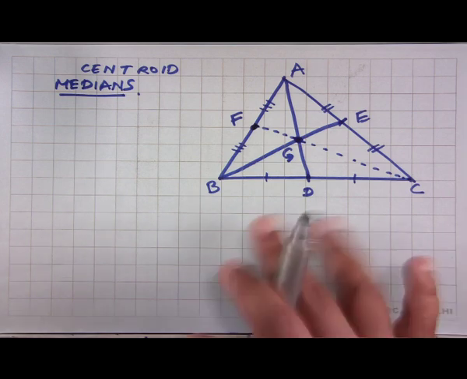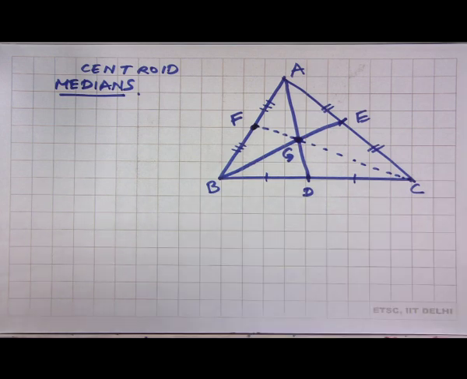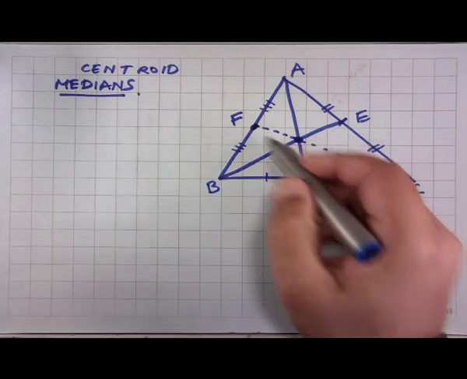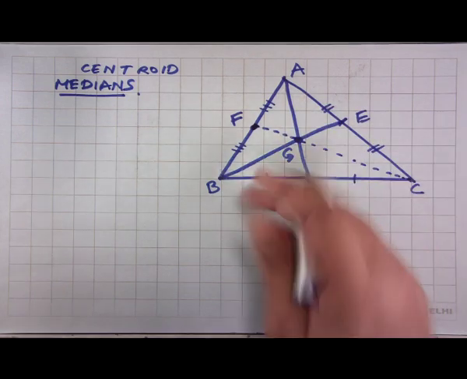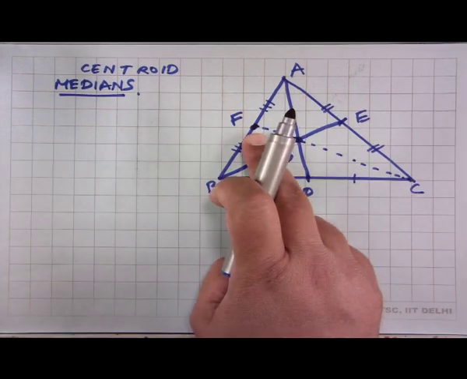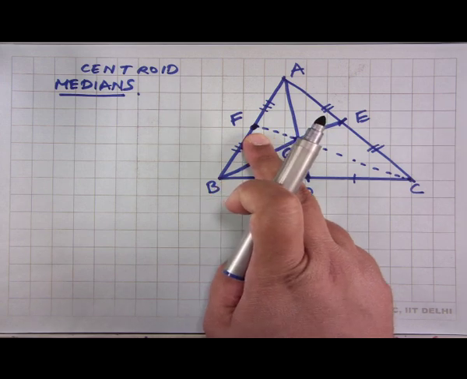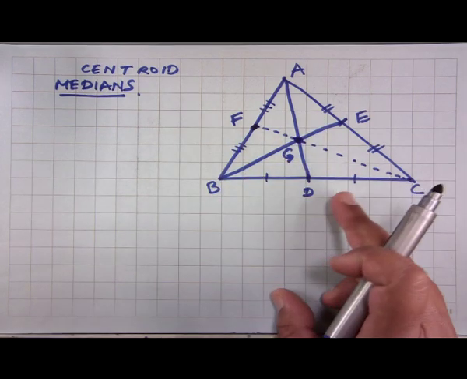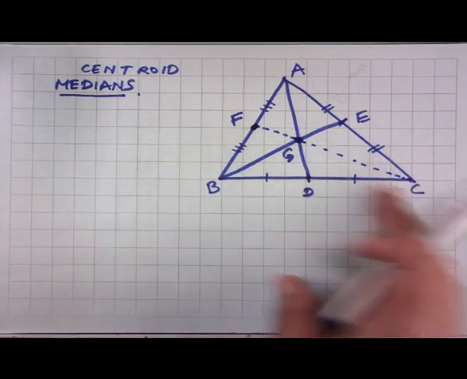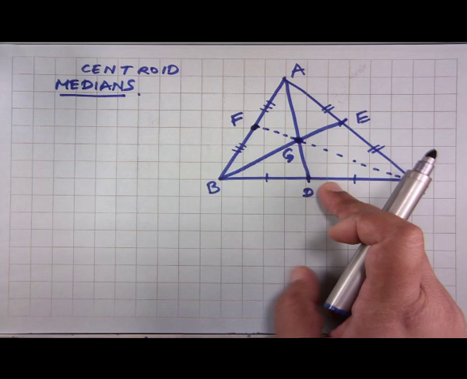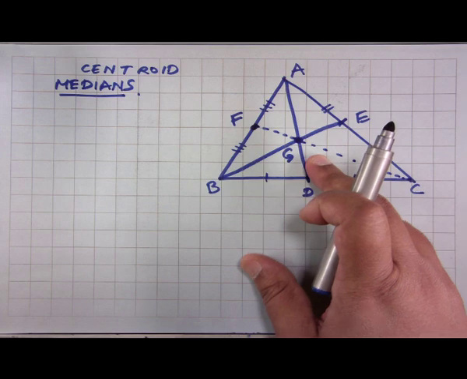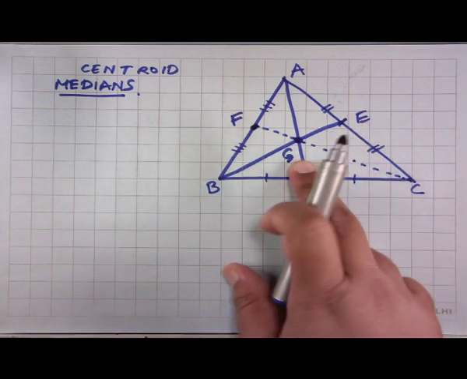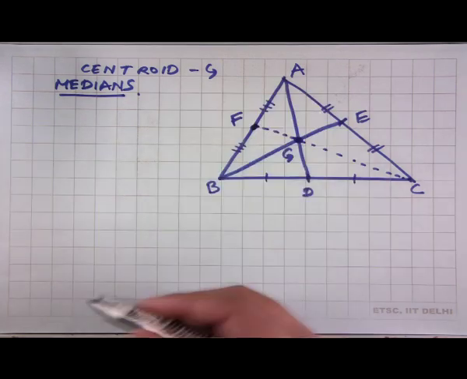So this we are going to prove, but what it essentially means is that since CG intersects AB at its midpoint, CF is also a median of the triangle ABC, and hence this shows that all three medians CF, AD and BE are going to intersect at a common point G, which is called the centroid.